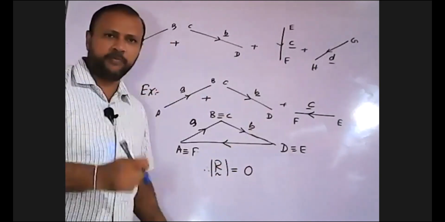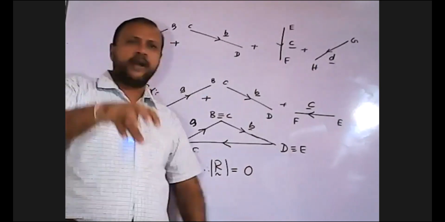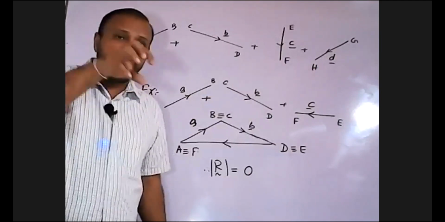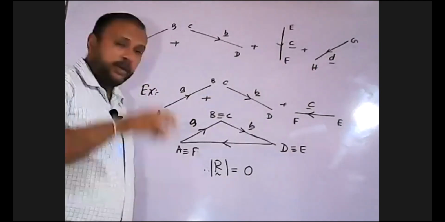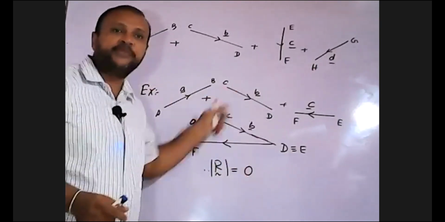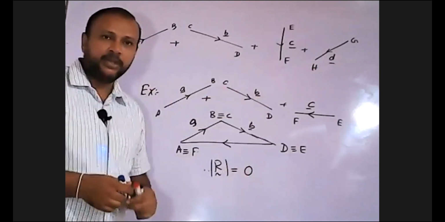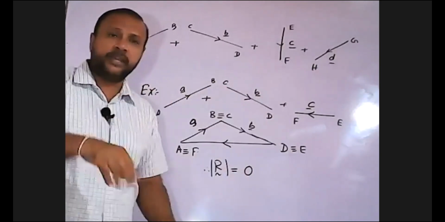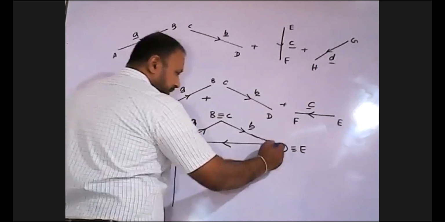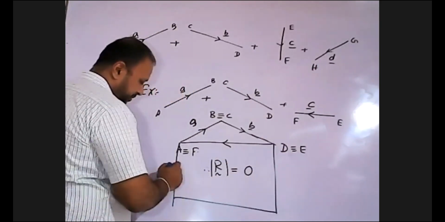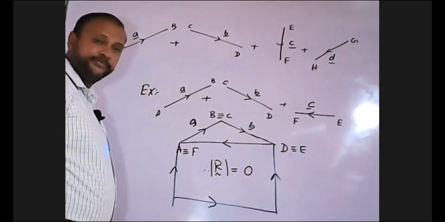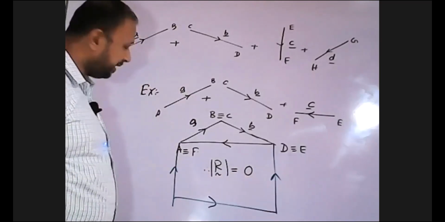This is a very important point because normally you are given a vector system with a complicated shape. Within that complicated shape, you will have this kind of subsection. Suppose there are other vectors like this.